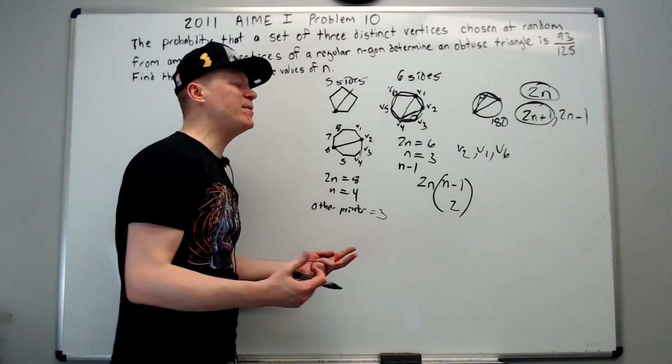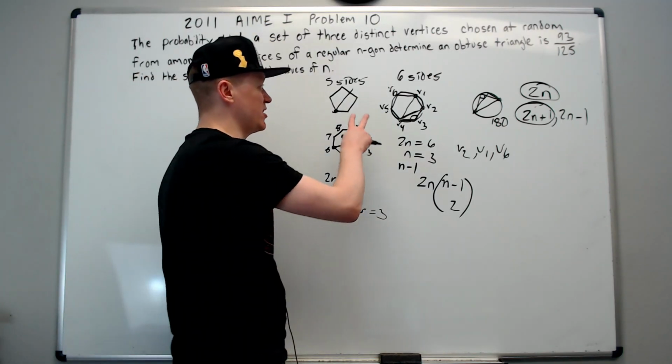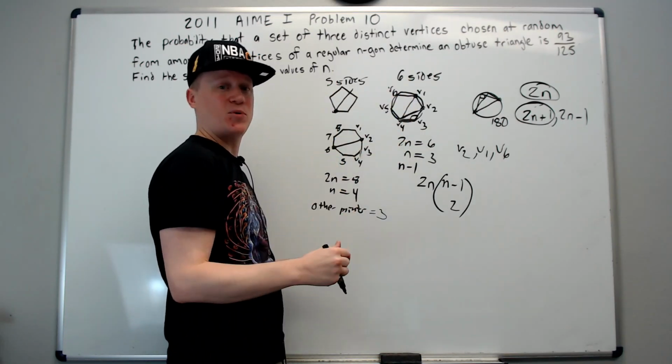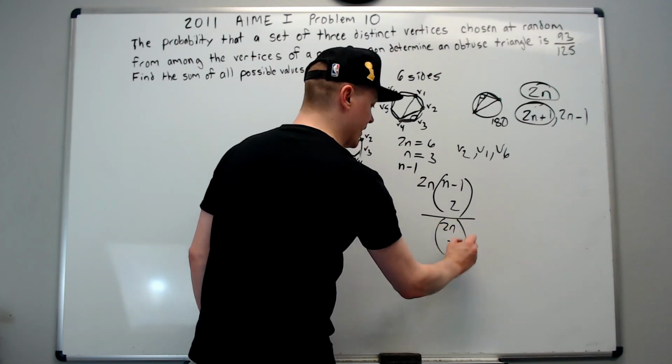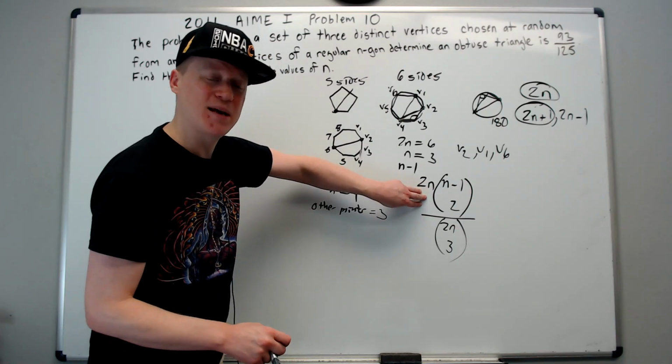Okay, then how many total choices do I have? Well, the total number of choices is the total number of points, which is still 2n. Choose 3. I could choose any 3 points, and that will be 2n choose 3. So this must be the probability that I get 3 points that make an obtuse triangle.